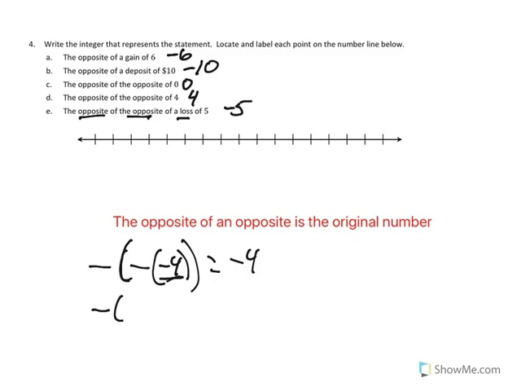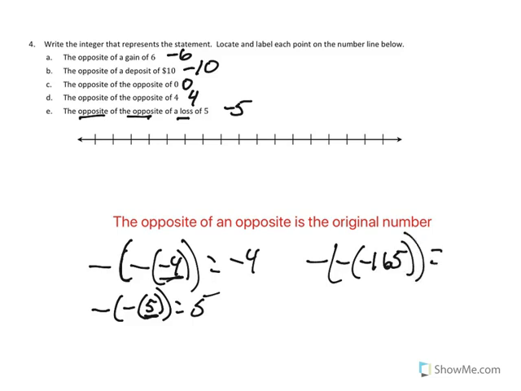So if I want to do the opposite of the opposite of positive 5, the original number is positive 5, so it's positive 5. If I said the opposite of the opposite of negative 165, the original number is in the parentheses here, it's negative 165. Whether you have it in words or whether you have it as an equation, it doesn't matter, it's still going to be the original number. And that is the whole point of the opposite of an opposite in Lesson 5.